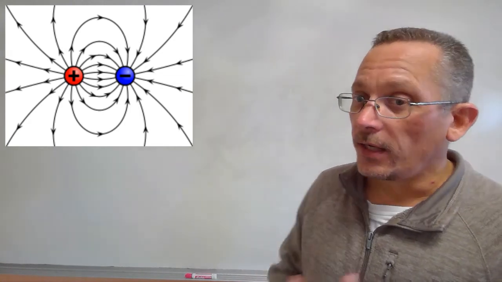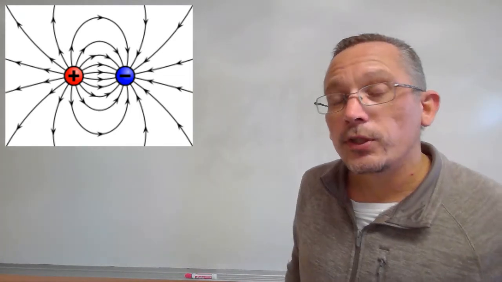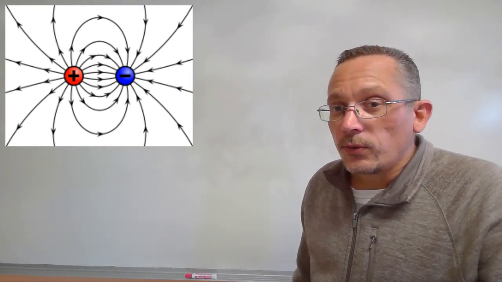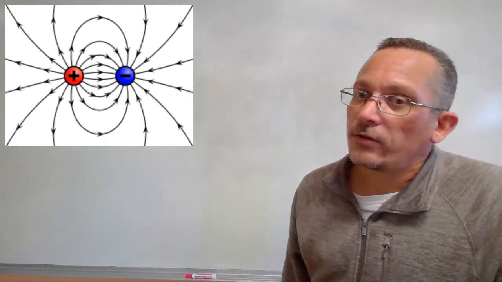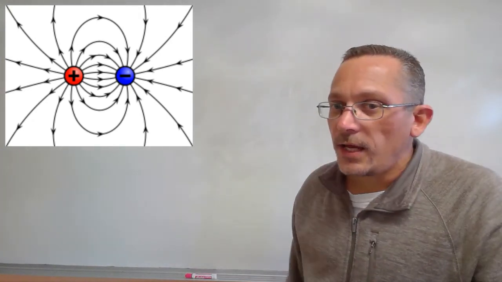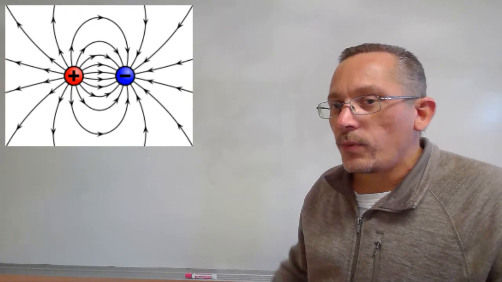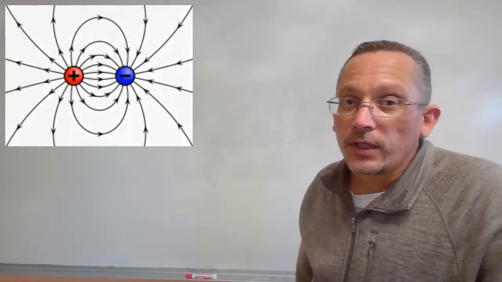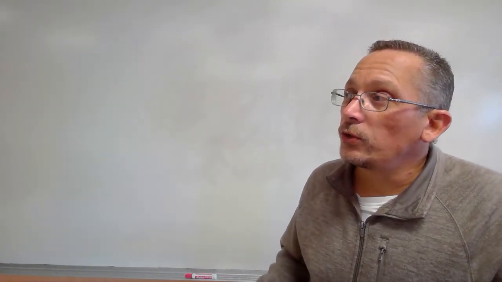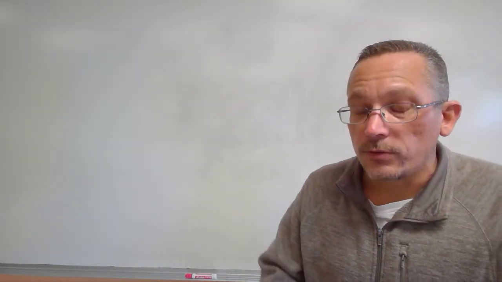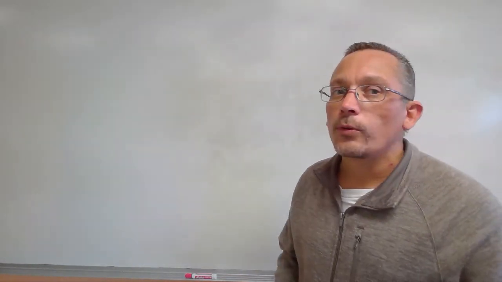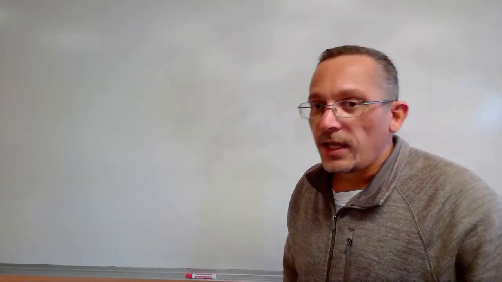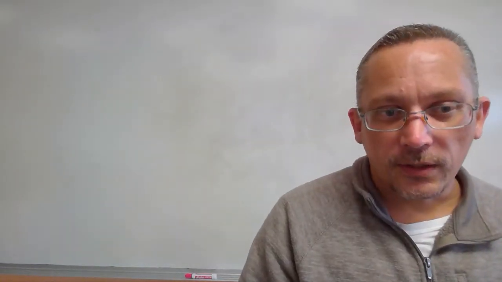You can see they make a little pattern as they go between the two charges. Between the charges, the arrows go straight from the positive to the negative. And as you get further away, they make bigger and bigger loops, right? We could also look at what it would look like between two similarly charged particles, between two positives or between two negatives. I'll leave you to think about what that's going to look like.